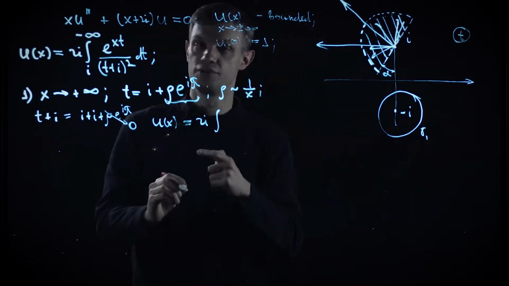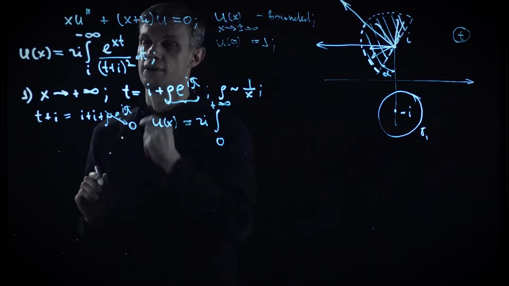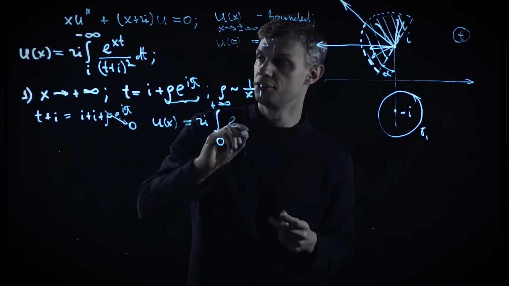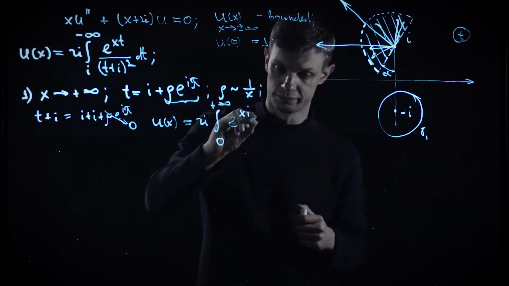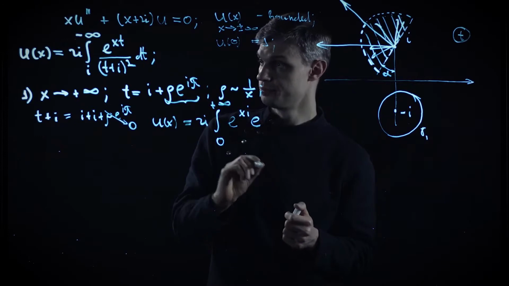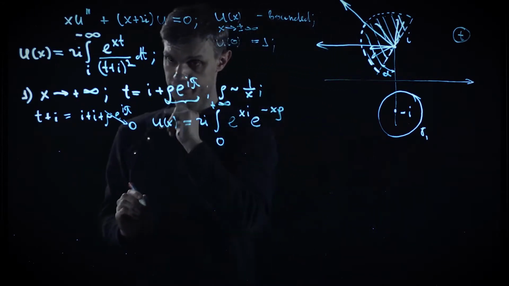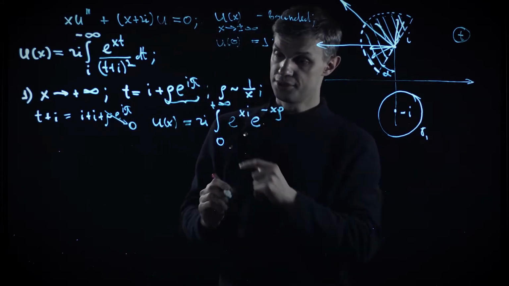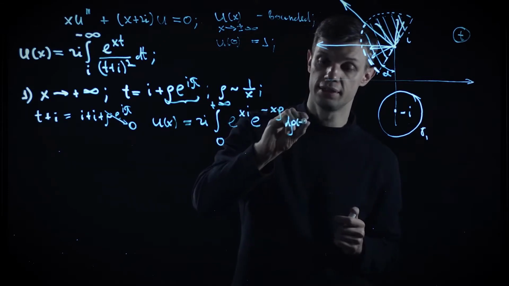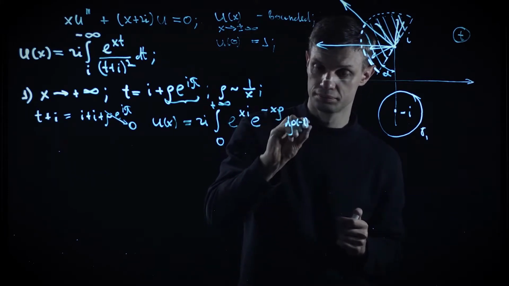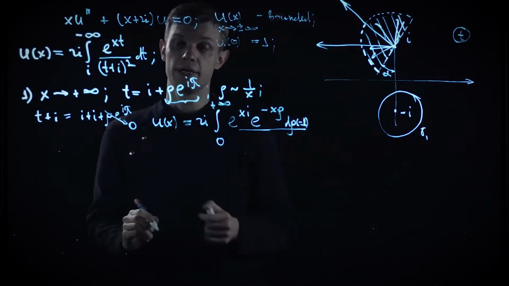So now rho changes from 0 to plus infinity. The exponential is turned into the product of e to i x i and e to minus x rho. dt is turned into d rho with a negative sign, and divided by 2i squared.